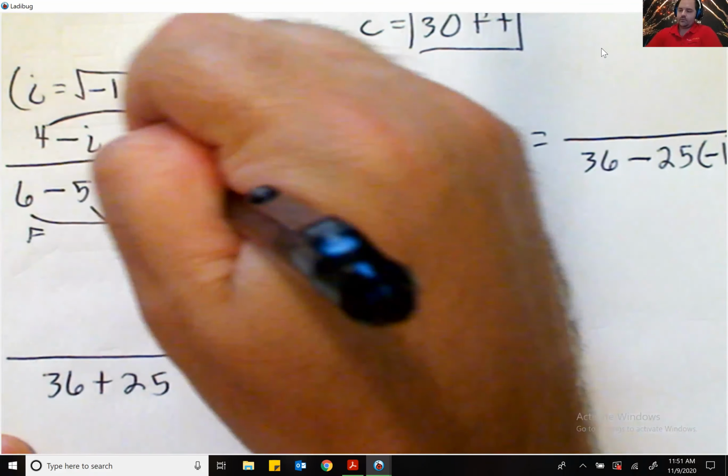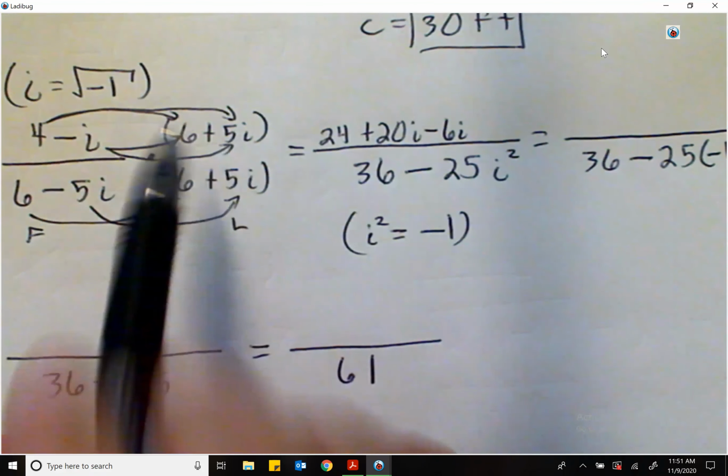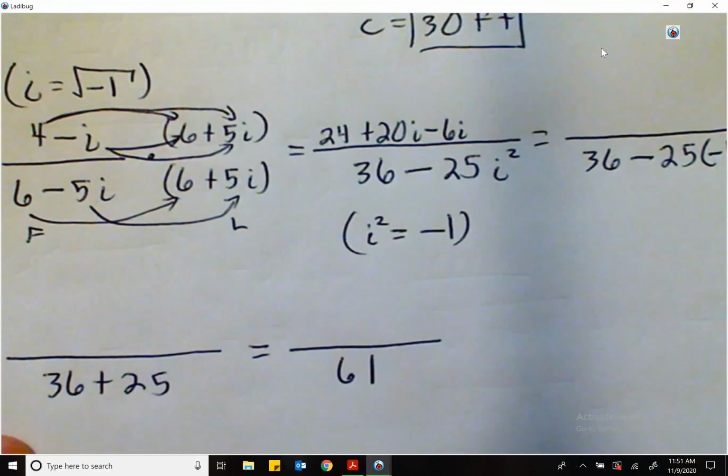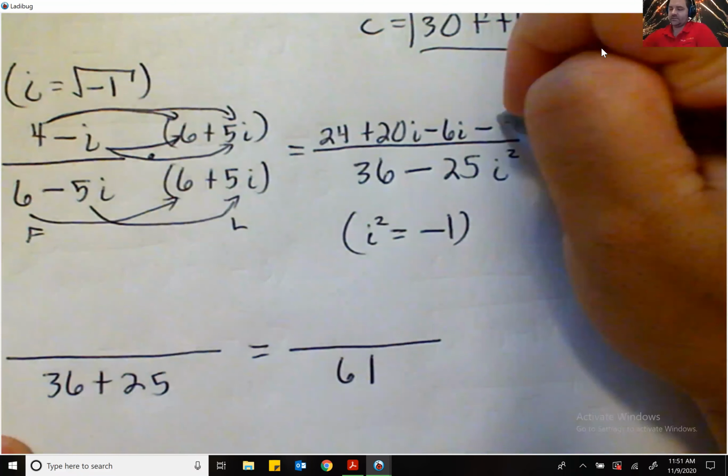And then what's negative i times 5i? Negative 5i squared. We'll get to that.